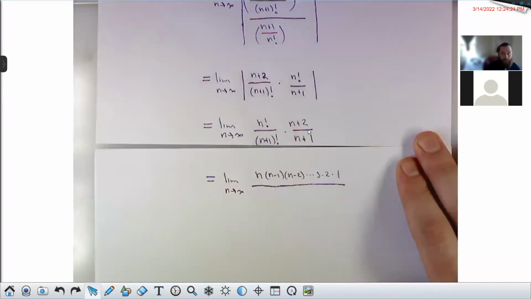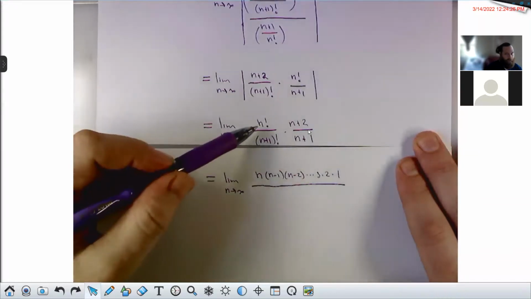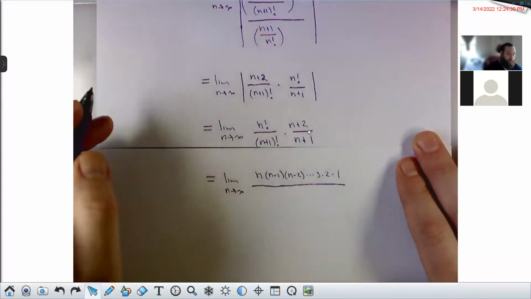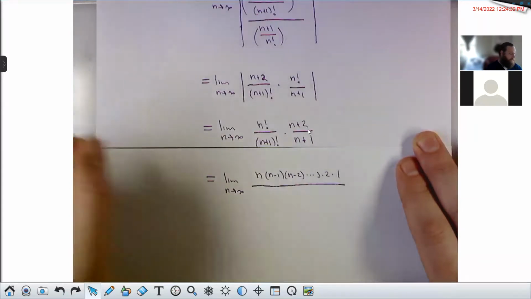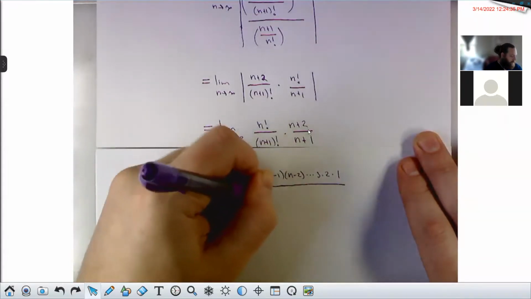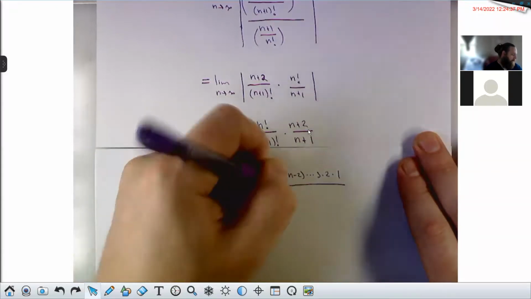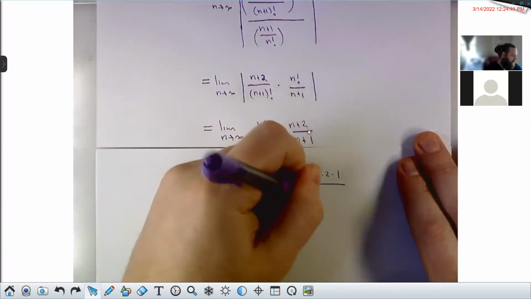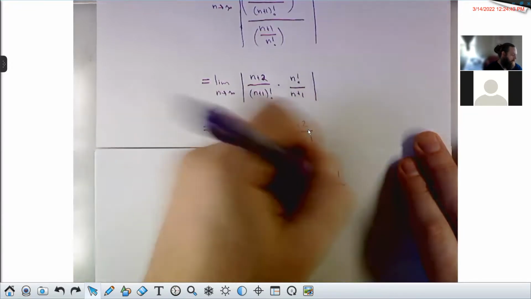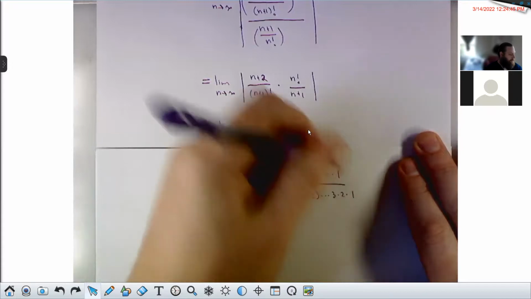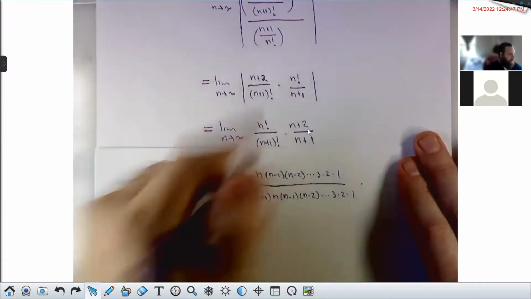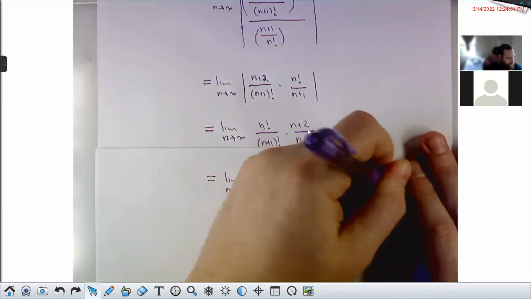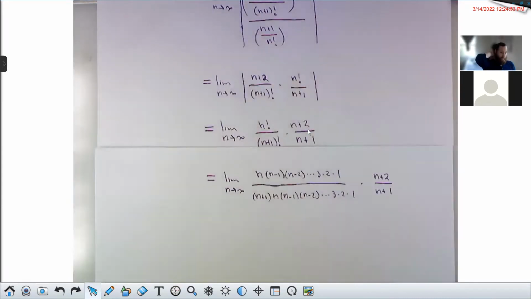It's what you get when you multiply all the numbers that are less than or equal to the thing being factorial. So applying that same logic, (n plus 1) factorial must be n plus 1 times n times n minus 1 times n minus 2, all the way down to 3 times 2 times 1. And then I still have the other piece over here. I have n plus 2 over n plus 1. So this is my limit.